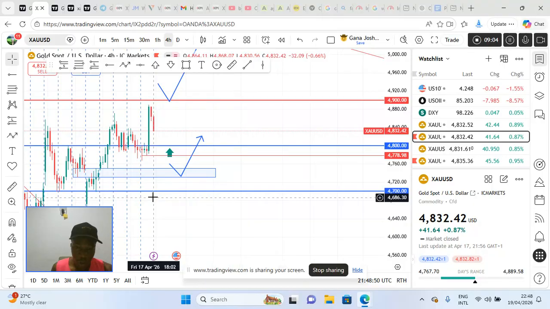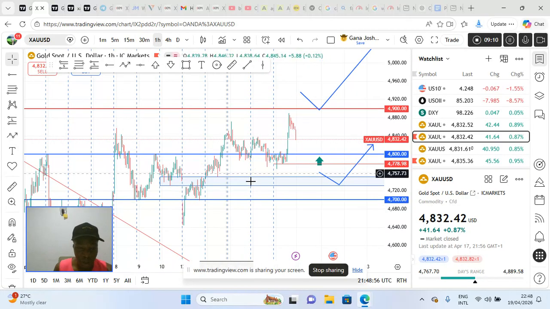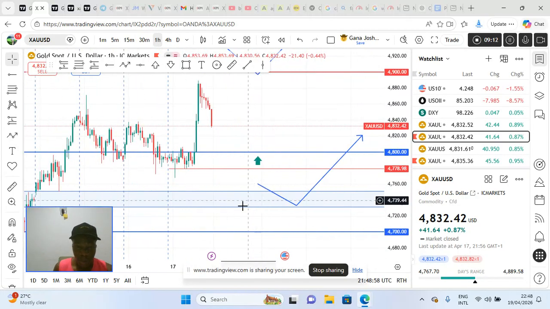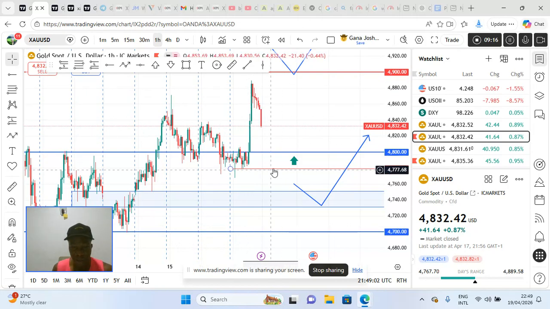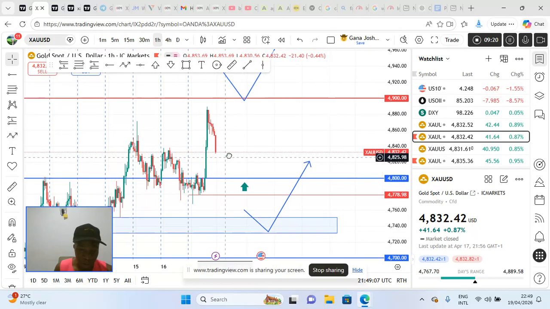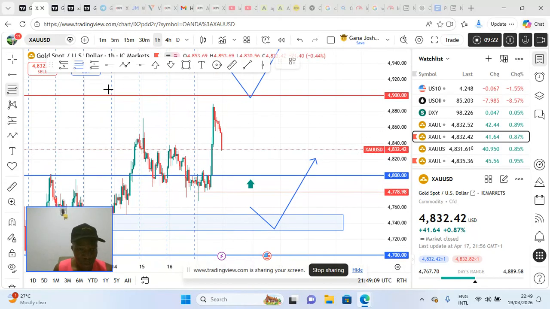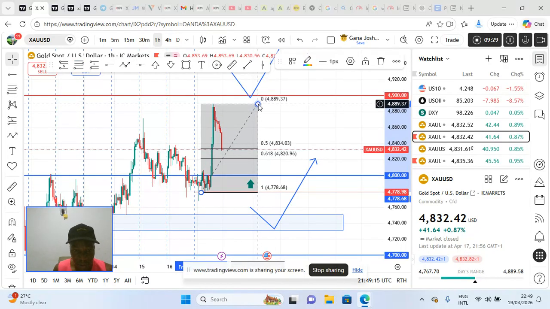So far so good for those that might want to buy here. The first stop to catch, because normally this is a new high, we're expecting a retracement for continuation to the upside. But is that what's going to happen? Are you going to use your Fibonacci to just say you're trying to get a 50% retracement?